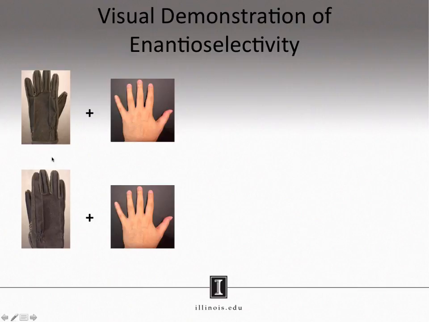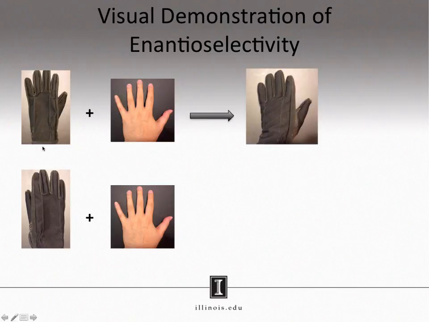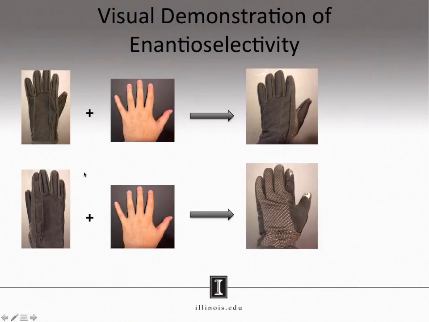There are two potential outcomes. The first outcome, taking my left hand and putting it into my left-handed glove, results in my left hand fitting in my left-handed glove quite well. In the other situation, taking my left hand and trying to fit it into my right-handed glove does not work out so well. I can get it in there, but it doesn't really fit right.